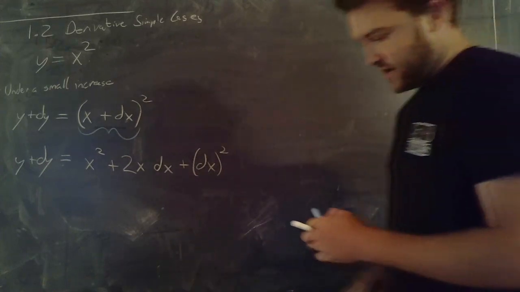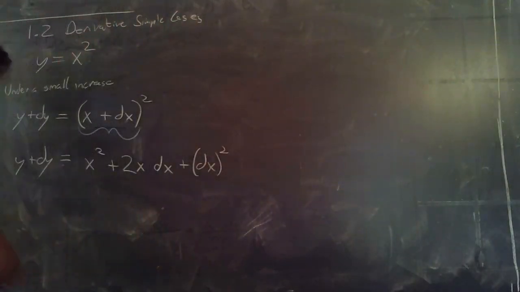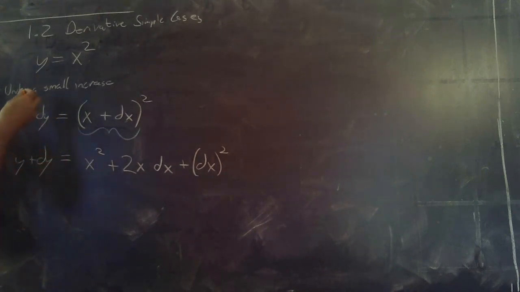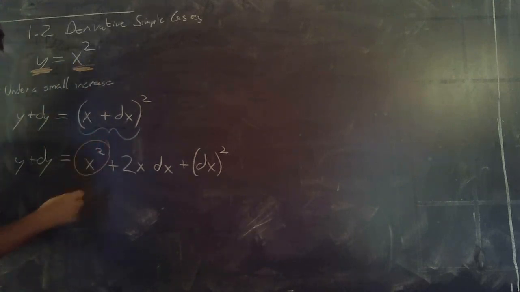Well, notice here that in the original statement up at top, we have that this y value is just equal to the x squared value. So this thing right here that I've circled, this x squared, this is just y.